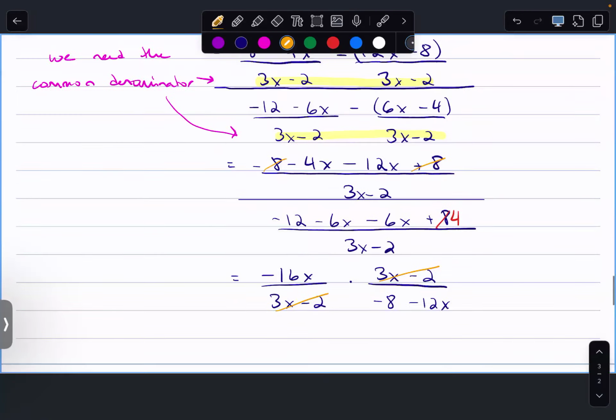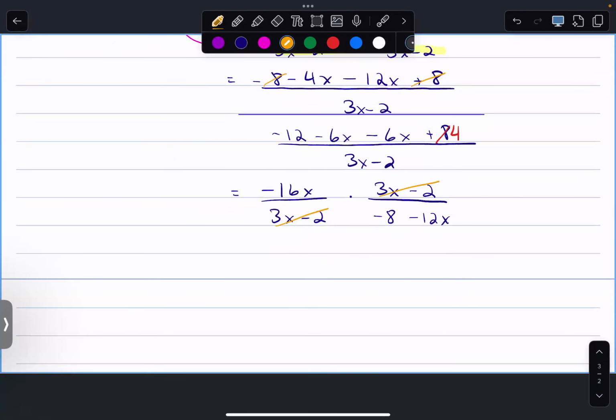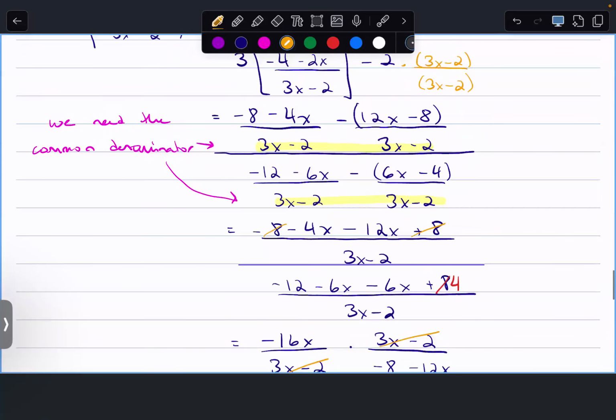What's the problem? Hopefully you see what the problem, what my issue is. It's not going to be x. So something happened besides this one that I thought I caught.